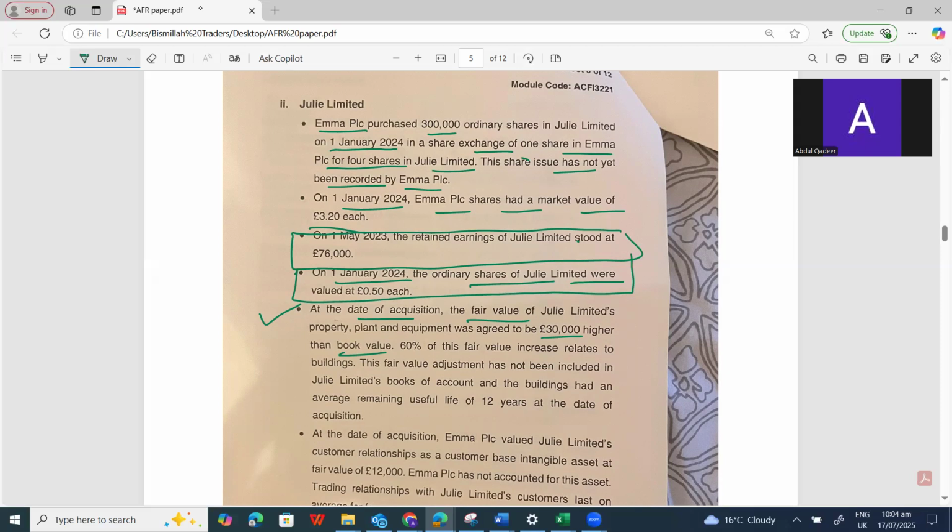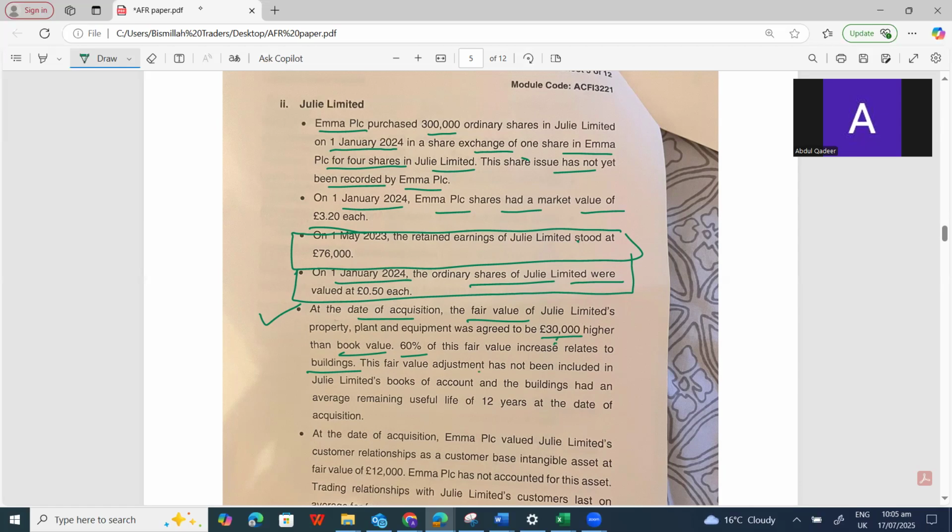The fair value has increased by 30,000 pounds. 60% of this fair value increase relates to buildings, on the basis of market value. So 60% of this 30,000 belongs to buildings. It means we have to calculate its depreciation.